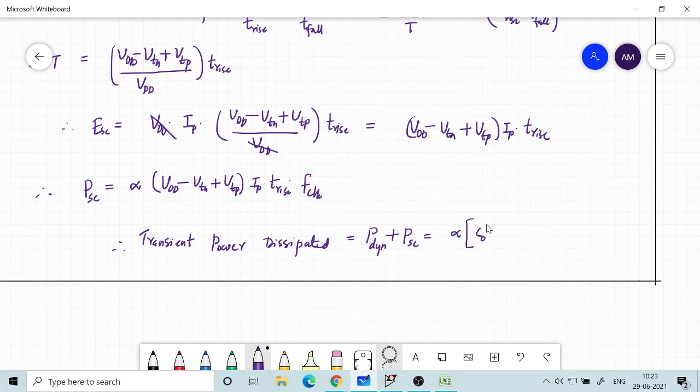Dynamic was C out VDD square plus (VDD minus VTN plus VTP) into IP into T rise into F clock. So that is the total transient power that is dissipated.